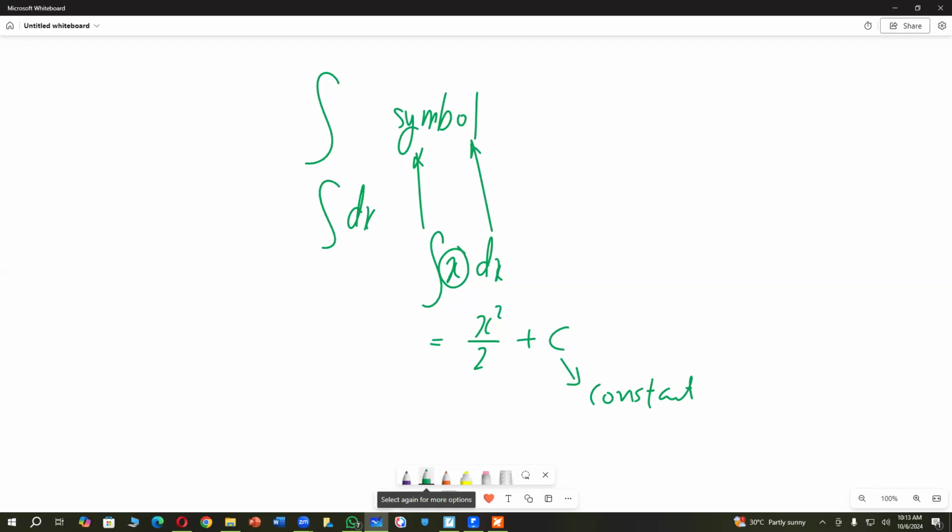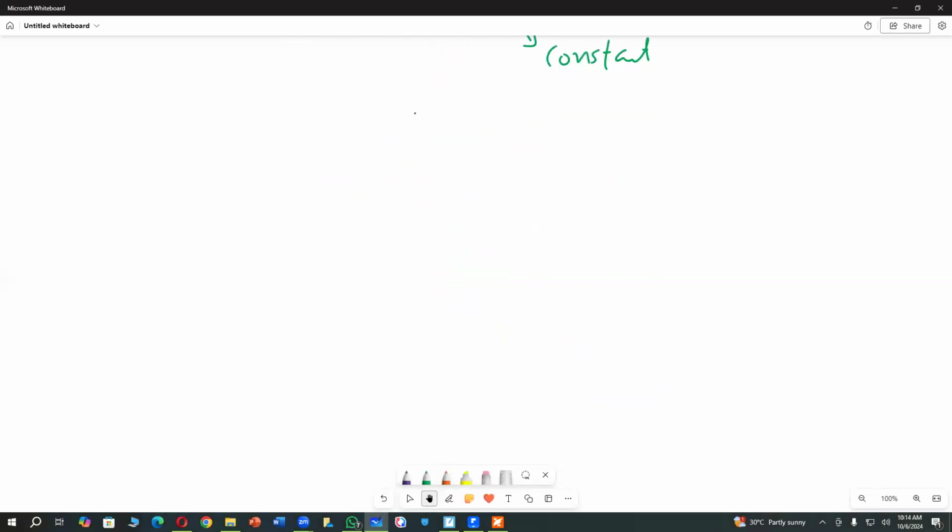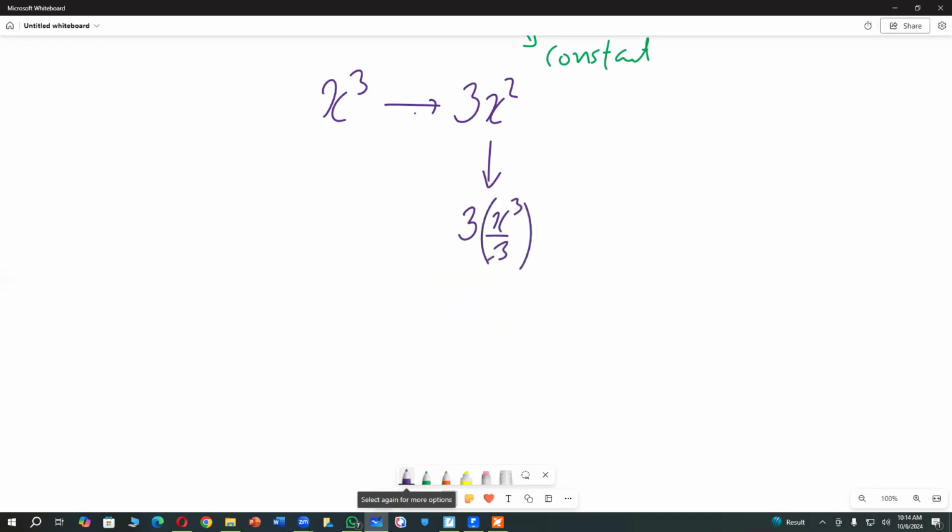Now, when you remember that integration is the reverse of differentiation, you will notice that x cube, when you differentiate it, becomes 3x squared. And when you integrate 3x square and you add the power and divide by the same number, you will get x cube back.